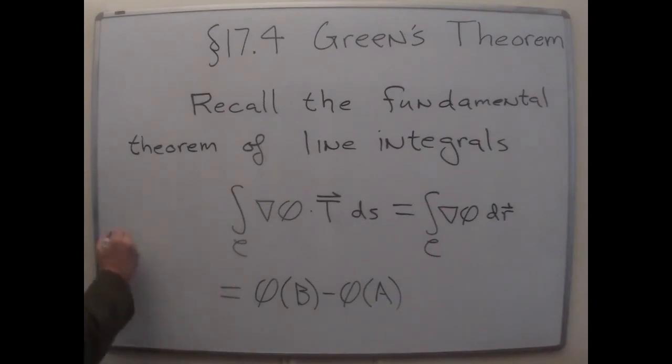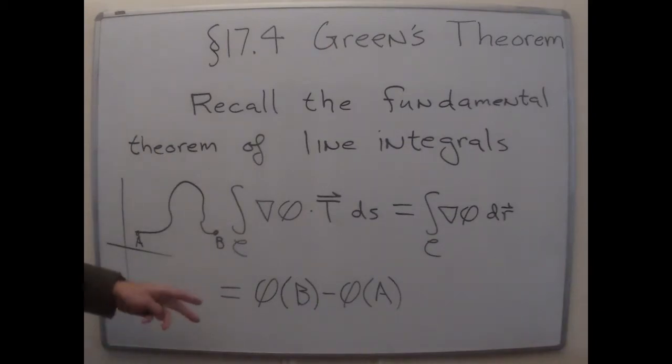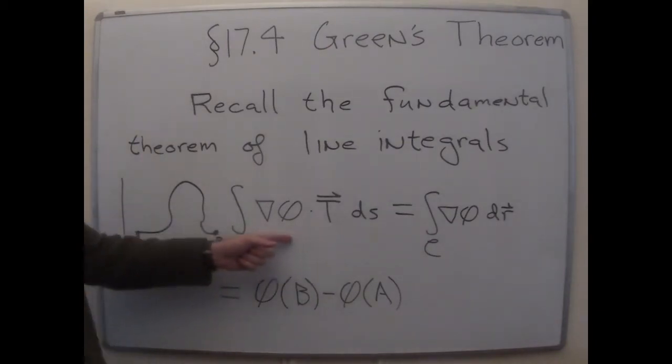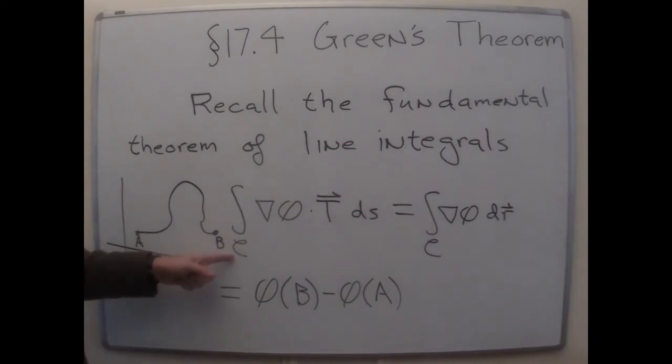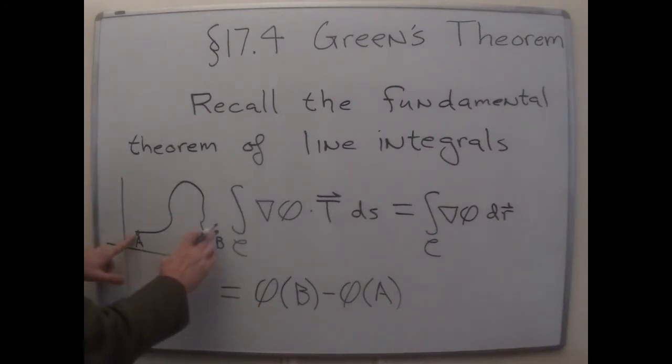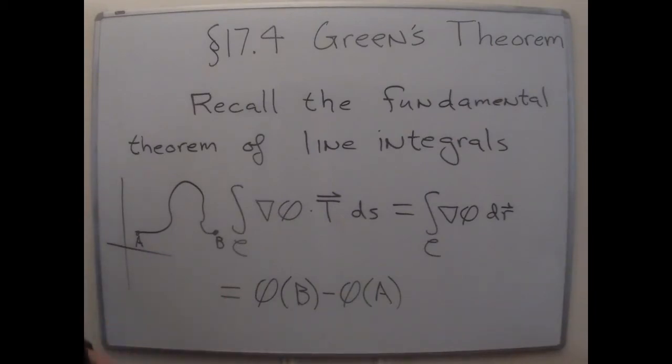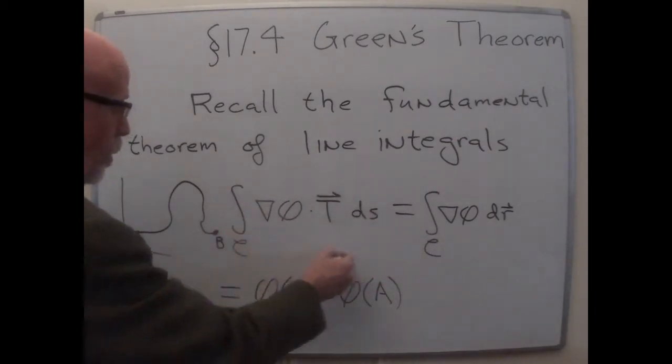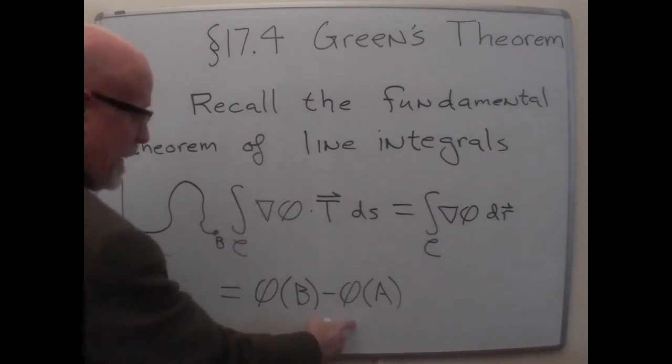The curve C might look something like this, and this would be A, and this would be B. So what really matters in calculating this integral, which happens all along the curve C, is finding out how the scalar potential changes from one end of the curve to the other end. You see how that's a similar thing? This happens on the curve. This happens only at the ends of the curve.